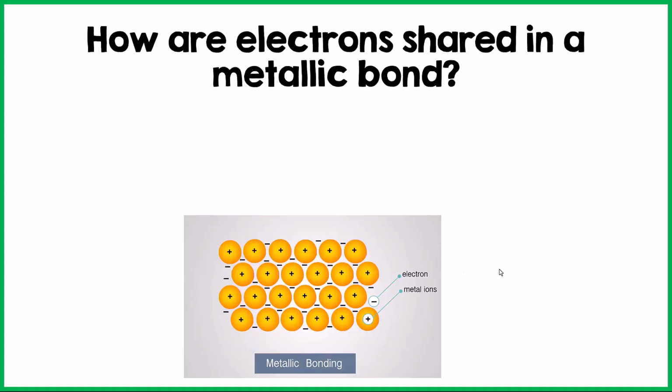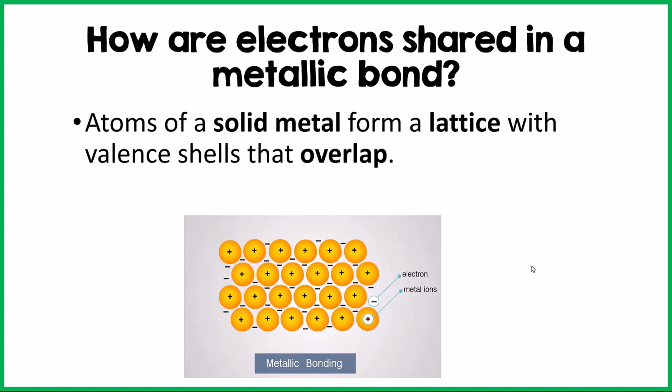So, how are electrons shared in a metallic bond? Atoms of a solid metal form a lattice with valence shells that overlap. So we did talk about a lattice, crystal lattice network in our discussion of ionic bonds. This is a different kind of lattice.